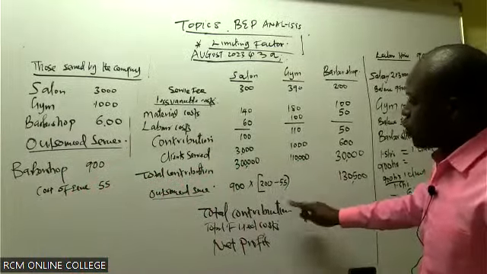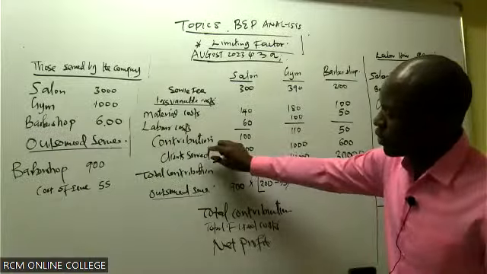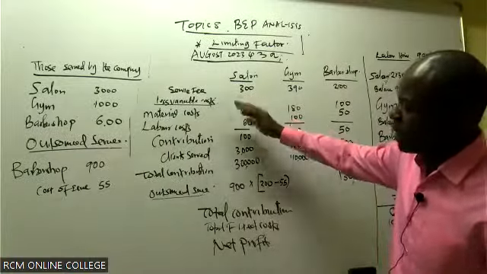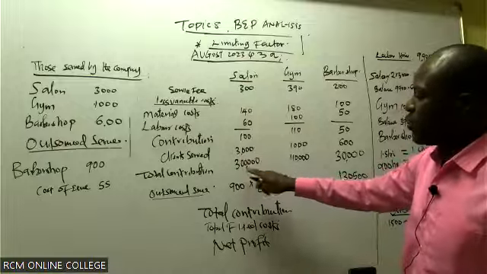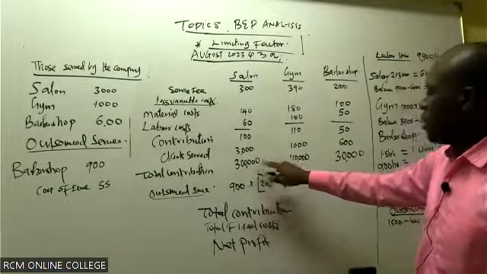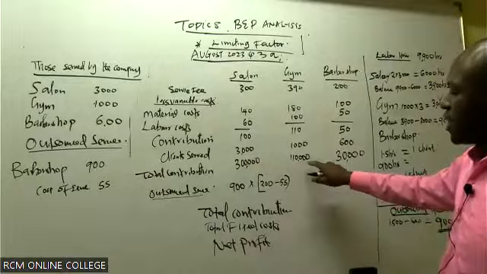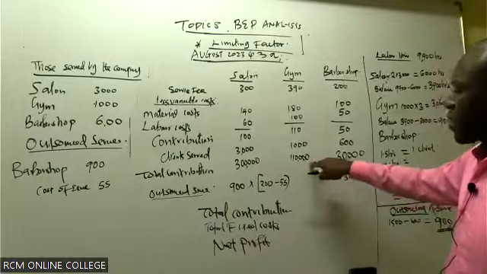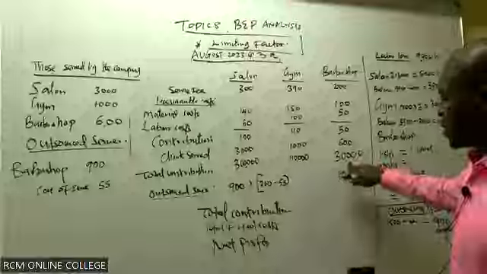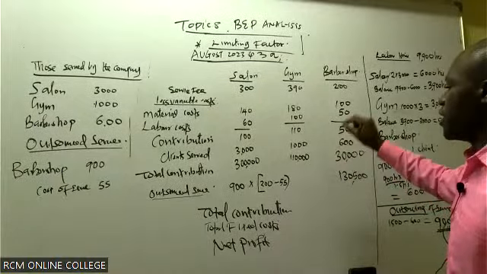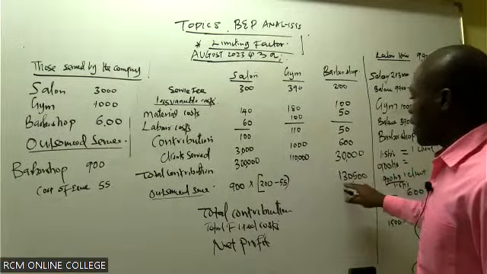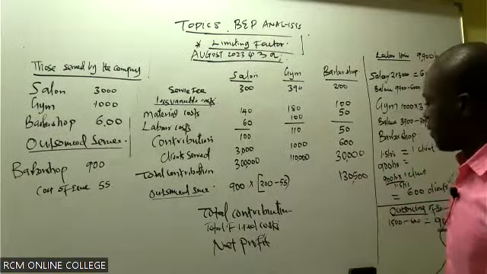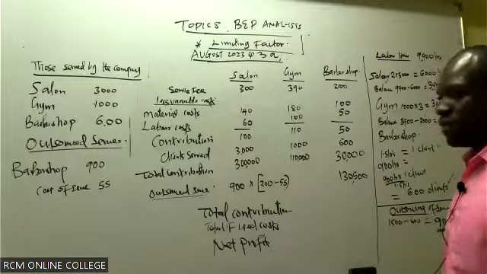Total contribution will be the contribution for those goods or services that were offered by the company and the ones that were outsourced. The ones offered by the company, we have 300,000 plus 110,000 will be 410,000 plus 30,000 will be 440,000. 440,000 plus 130,500 will be 570,500.